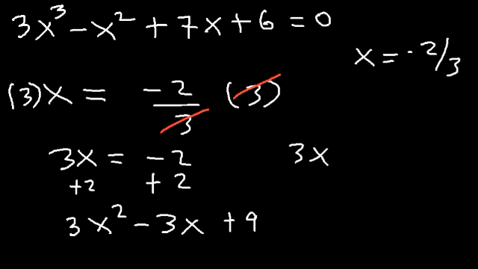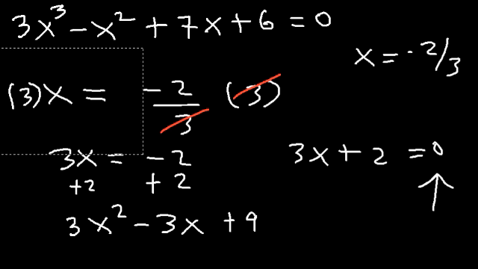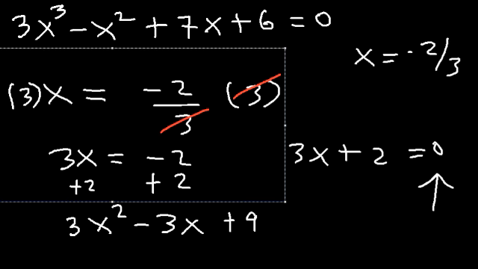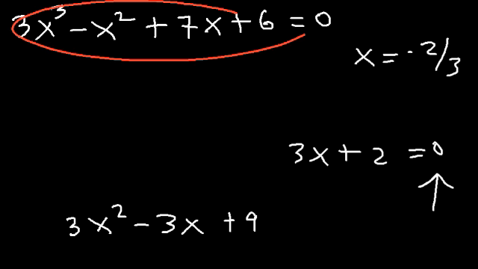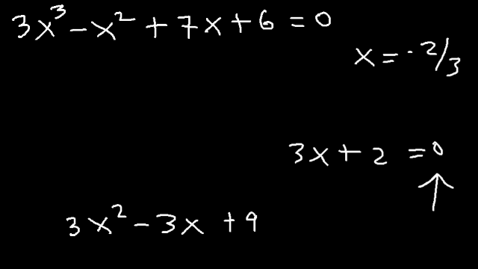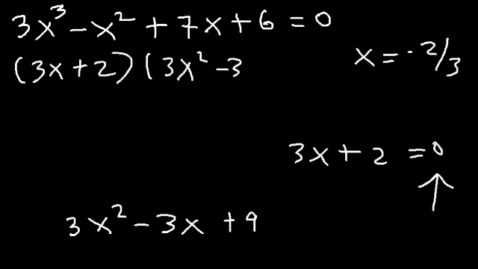So 3x plus 2 is equal to 0. That's how you can turn a solution into a factor. You need to get a 0 on one side. So therefore, to factor the original polynomial, this function, it's going to be 3x plus 2 times 3x squared minus 3x plus 9.